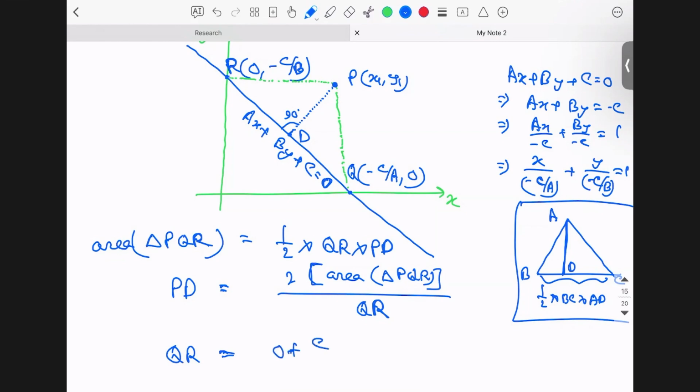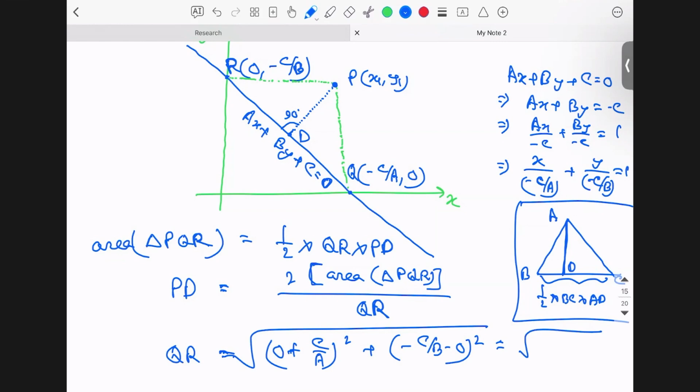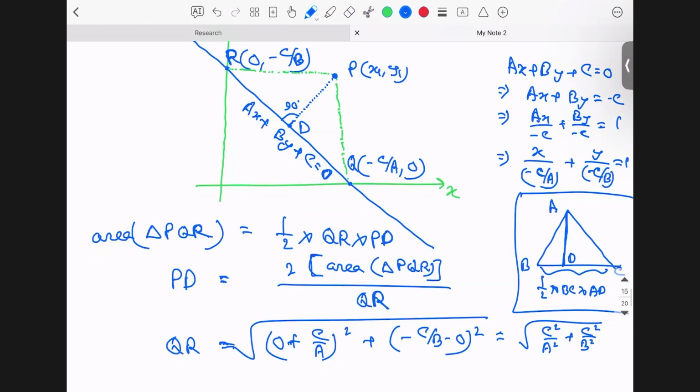square root of (0 plus C by A) square plus (minus C by B minus 0) square. So ultimately we get the square root of C square by A square plus C square by B square.